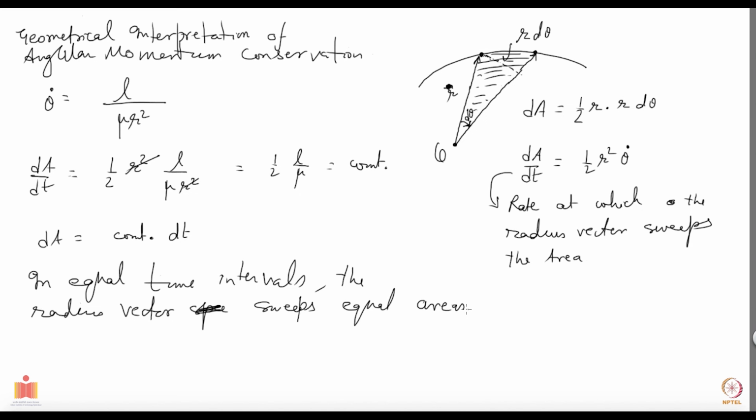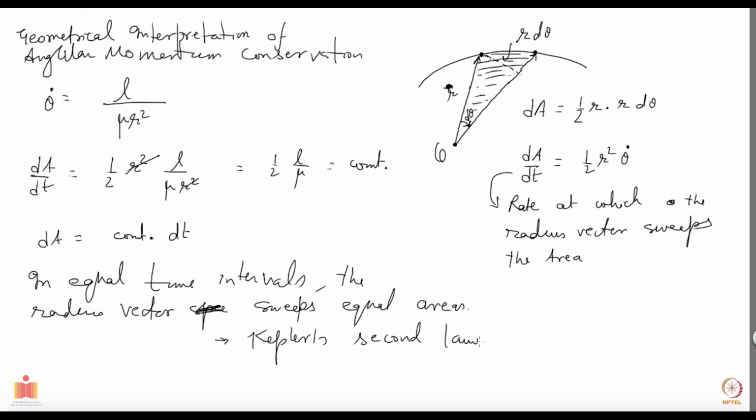That's nice. We have determined the famous Kepler's second law, based only on the fact that angular momentum is conserved and the forces are central. Beyond that, I have not used anything.